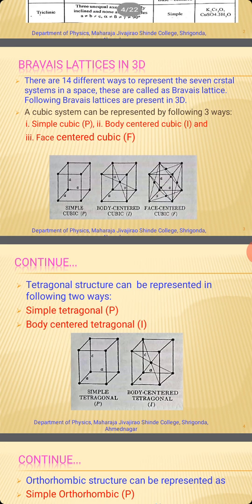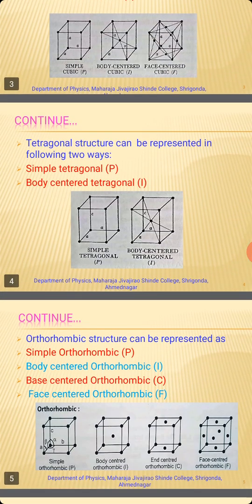And in face centered unit cell, there are 6 extra atoms which are located at the center of the respective 6 faces of the unit cell, and all three types, that is simple cubic, body centered cubic, and face centered cubic, are named as Bravais lattices for cubic systems. Now moving towards the tetragonal system.